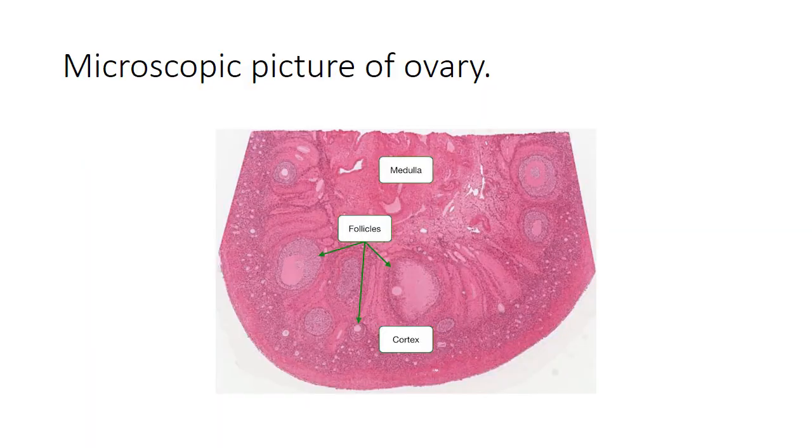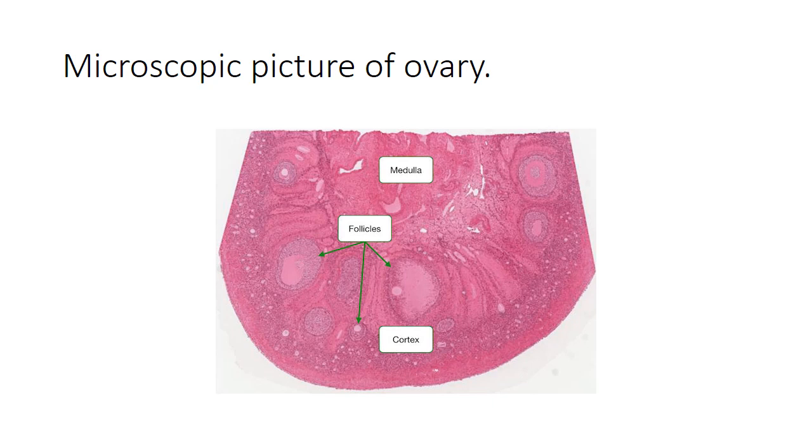This is how you are going to see the microscopic picture of the ovary. In the center you can see that the medulla is present along with blood vessels, lymphatics and nerves only. Moving from the center towards the periphery, we see that there is actually no line of proper discrimination. In the parenchyma you can see the different stages of development of the follicle.